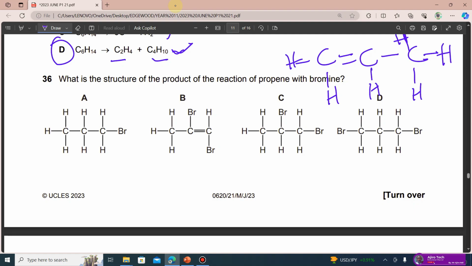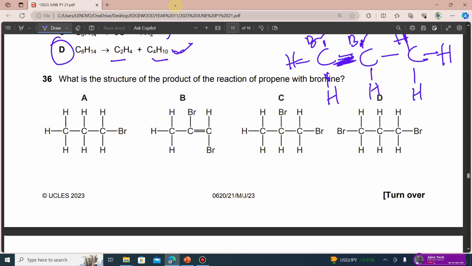All right. Now, when the bromine goes in, what the bromine does is it breaks the double bond and attaches itself to the carbons of the double bond. So one bromine is going to attach itself here and the second bromine is going to attach itself here, while the double bond breaks to a single bond. So we're going to have a bromine here and a bromine here.